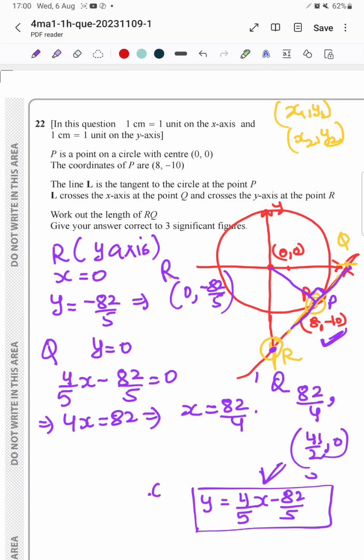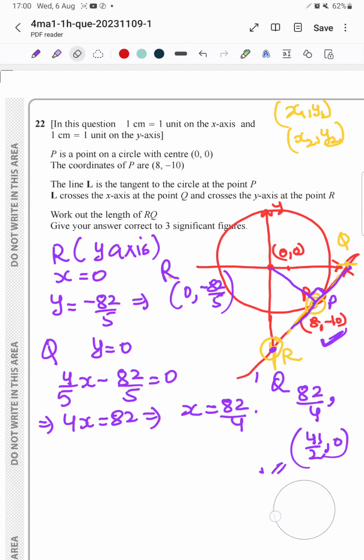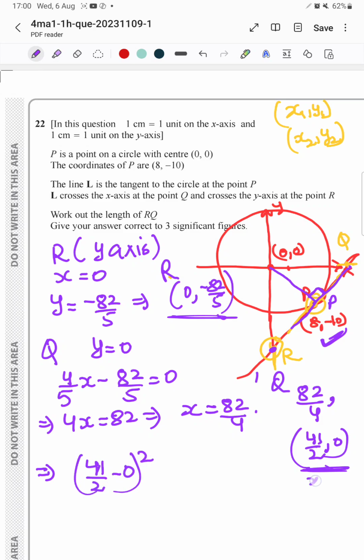Now you know these points, we can easily find out the distance between points R and Q. How? One point is 0 and negative 82 by 5, another is 41 over 2 comma 0. So it is 41 over 2 minus 0, that is x1 minus x2 squared, let's say this is x1 y1 and this is x2 y2.